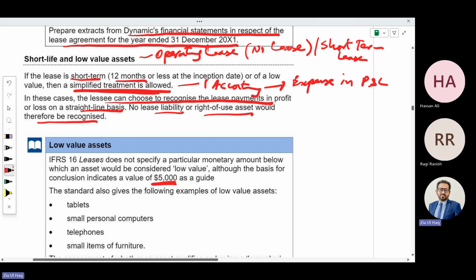The lessee will have the option either to treat it as a lease, full accounting, or simplified treatment, one-line accounting. Obviously, what does everybody prefer? Simplified, because the other involves so much calculation, complication and time as well.